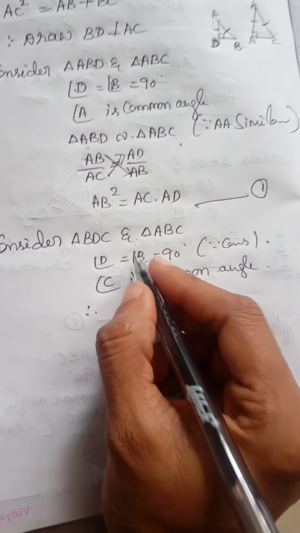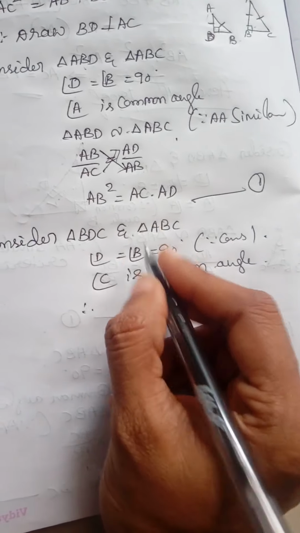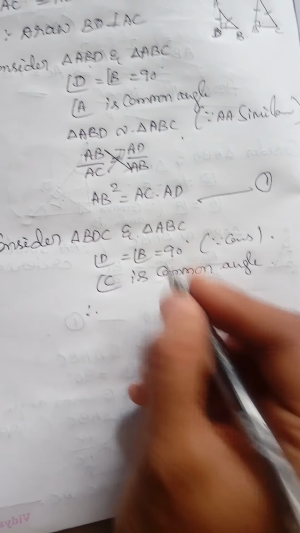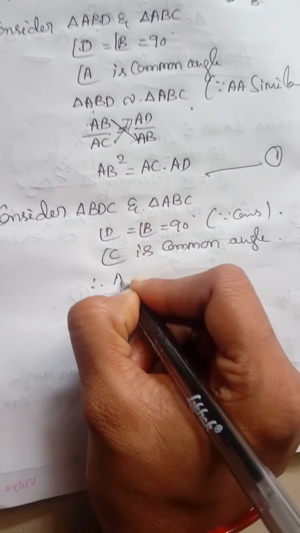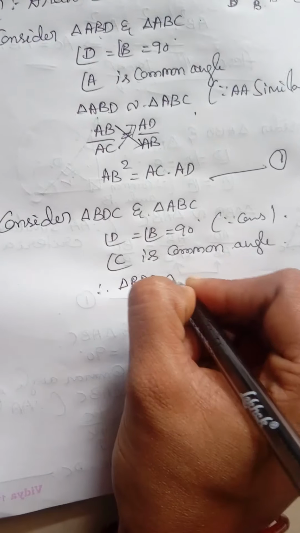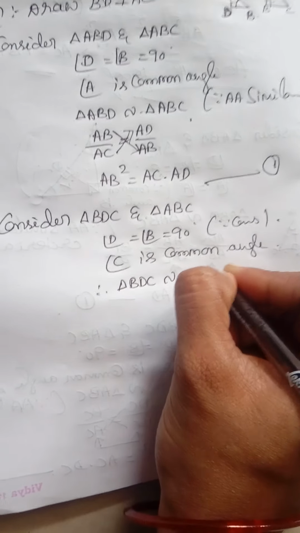Therefore, by AA similarity criterion, since two corresponding angles are equal, these two triangles are similar. Triangle BDC is similar to triangle ABC.